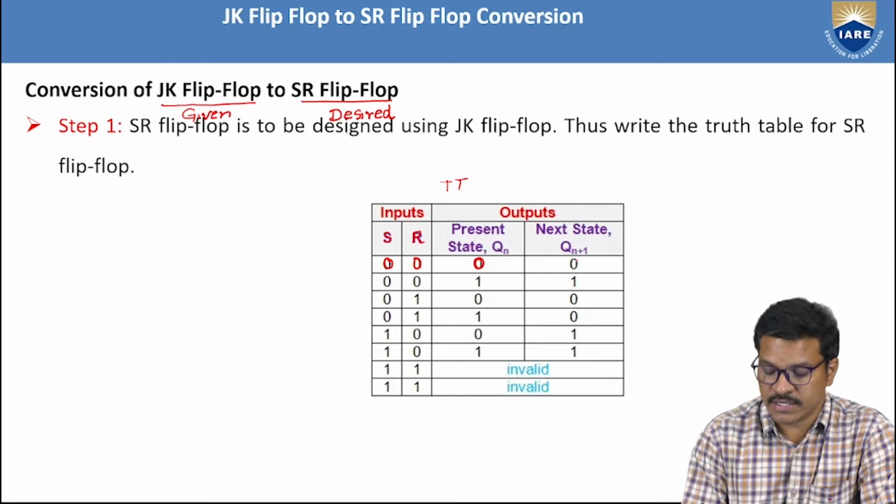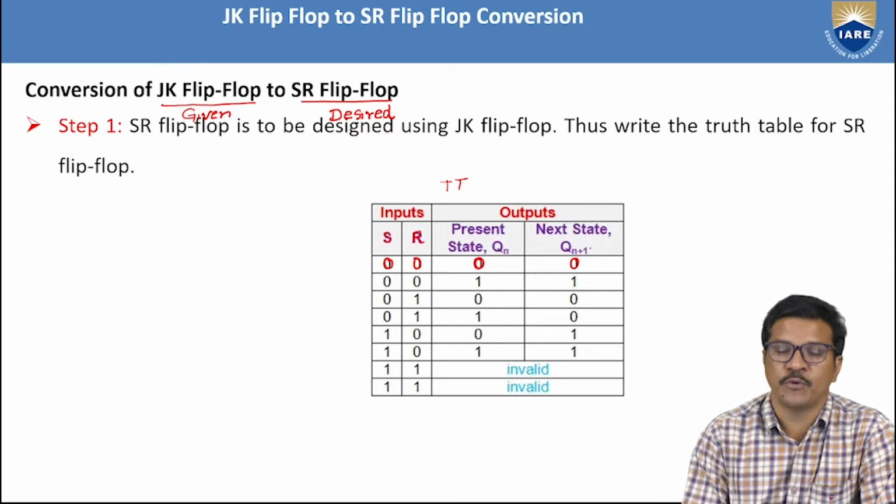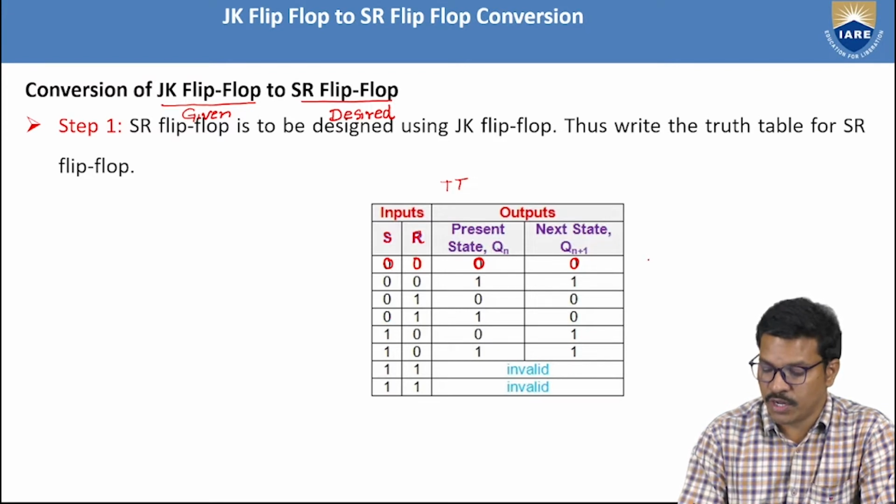The next state is 0 because we have a truth table of the latch or flip-flop, the SR flip-flop. When the inputs are 0, 0 in the SR NAND flip-flop, the next state is equal to the present state. So Qn+1 is equal to Qn when S and R are 0, 0.